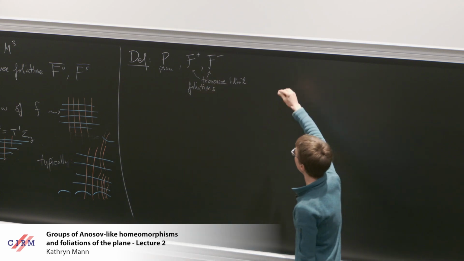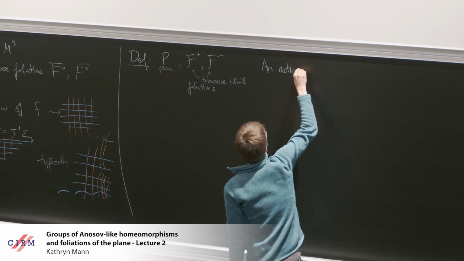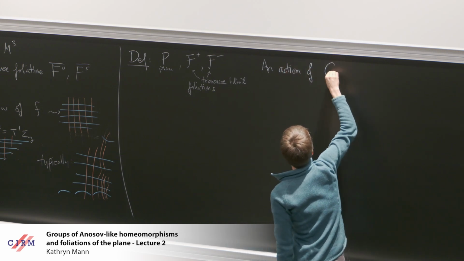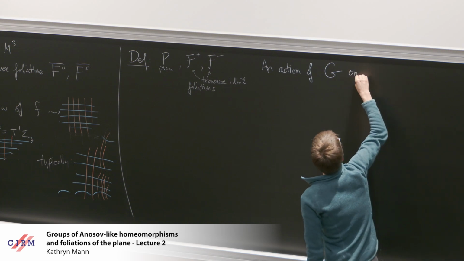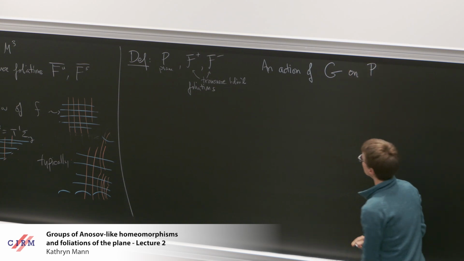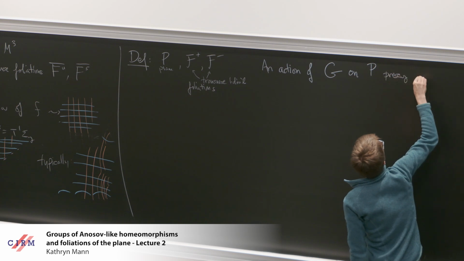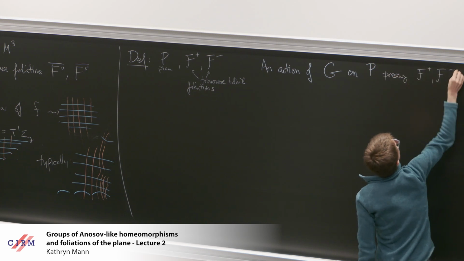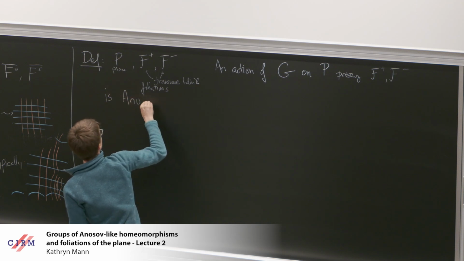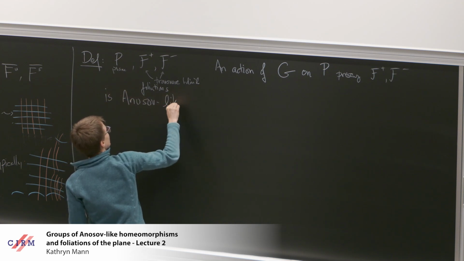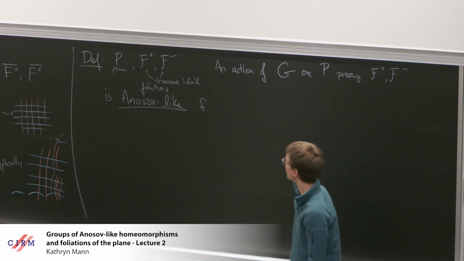And I'm going to say an action of some group G, just an abstract discrete group, on this plane, preserving the foliations, is Anosov-like if the following properties hold.